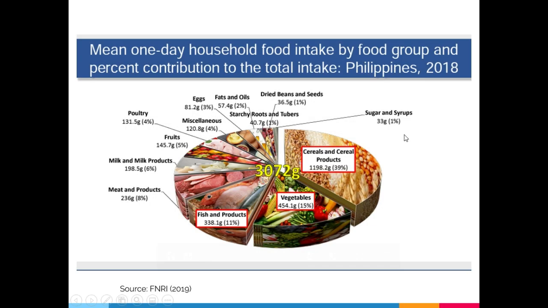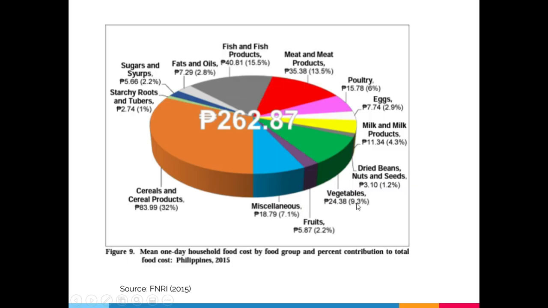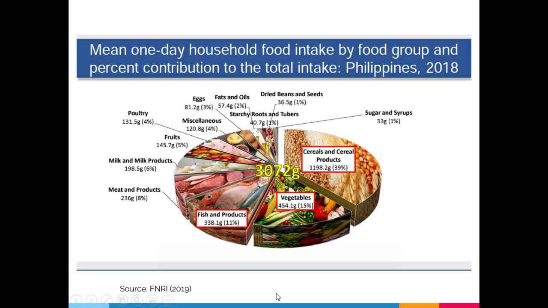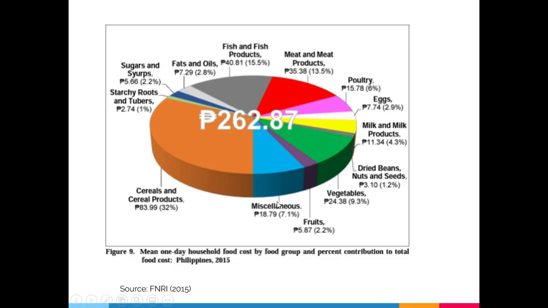Yeah. So, this is according to the 2015 nga result. But what about katong 2018? Mas nidako ang vegetables. Okay, that's good kay nag-improve. Nahimo na siyang 15% compared in 2015 nga 9.3 lang. And nilapas na siya sa minimum.